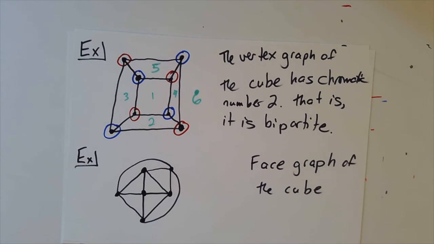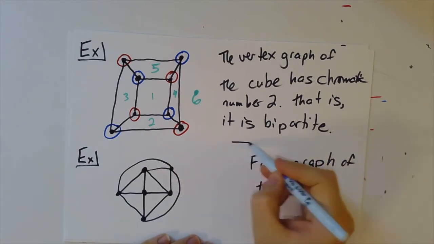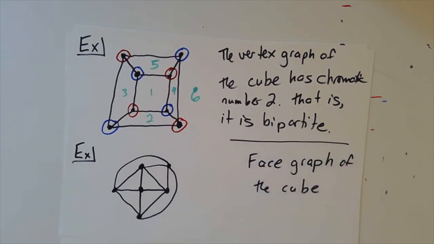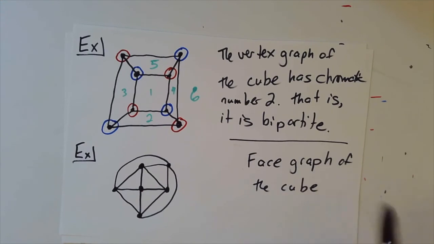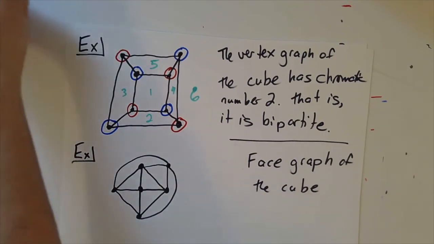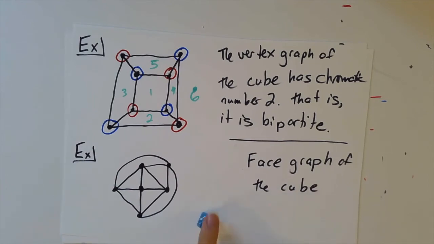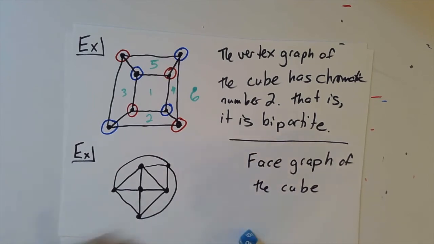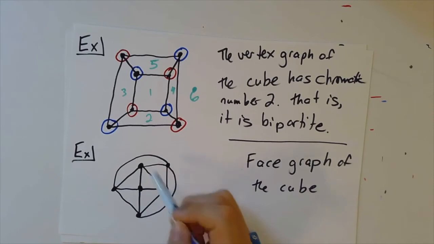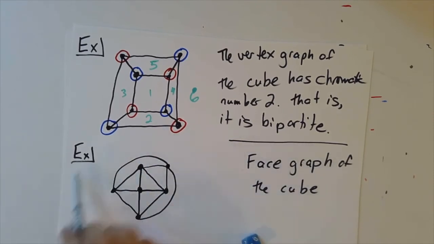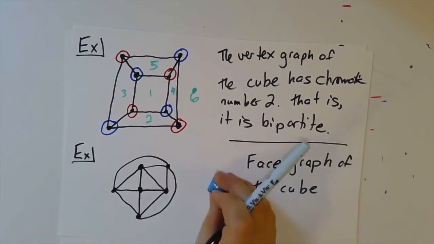Okay. Now, you might convince yourself without too much work that the face graph of the cube is actually the vertex graph of the octahedron. Namely, here are my 1, 2, 3, 4, 5, 6, 7, 8 faces. Each of them are triangles, and they all meet in such a fashion.